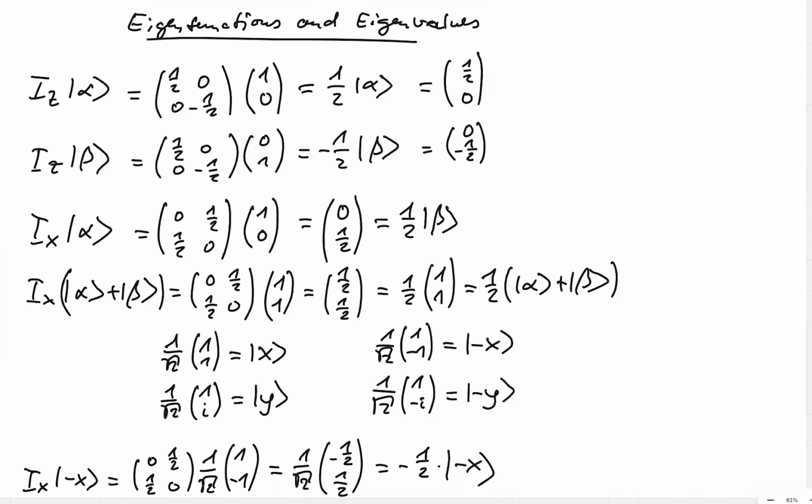And I simply want to point out that in these equations, minus x is not the negative of the x vector, but it is really only the second component that is the negative of the second component of the x vector. The same holds true for y.